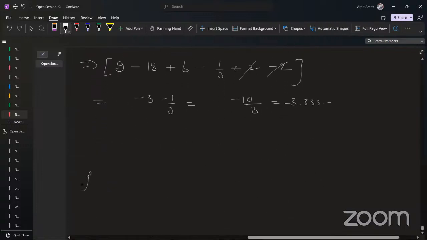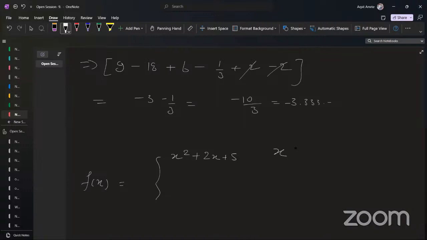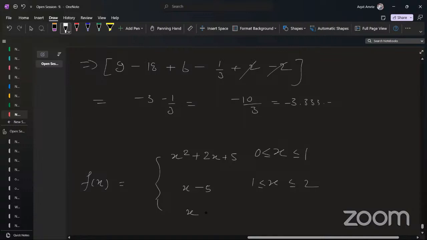Another thing: if you have f(x) equal to a piecewise function, suppose like this: x square plus 2x plus 5 when x is between 0 to 1, x minus 5 when x is between 1 to 2, and lastly x sin x when x is between 2 to 3.